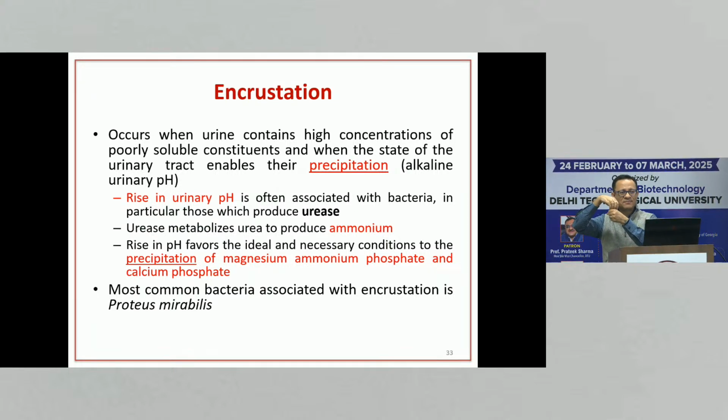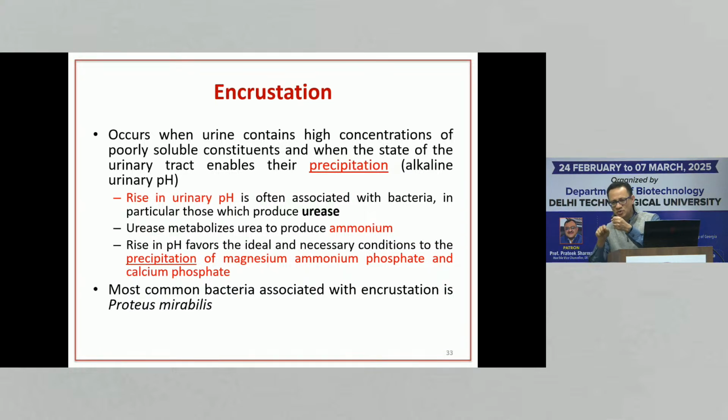But when it's sitting in the bladder, there is an opening in the catheter through which the urine is coming out. Because of this encrustation happening, or these solutes getting deposited there, that hole through which the urine is coming out in that tubing gets blocked.